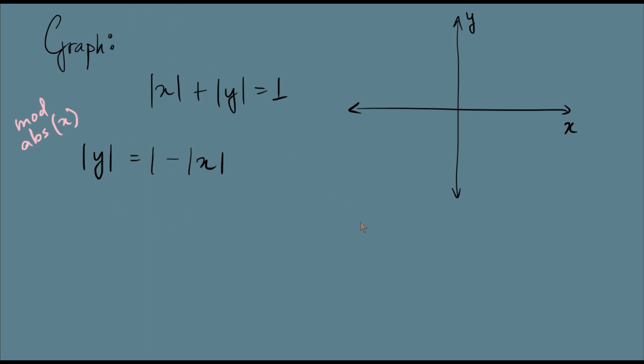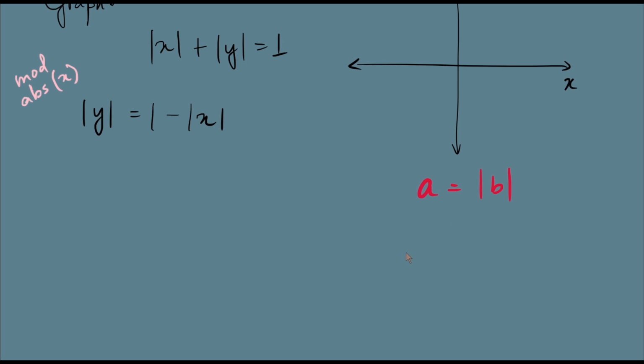Now, what does it mean for some number, say a, to be equal to the modulus of another number, the absolute value of the other number? Well, it means that a is equal to either negative b or positive b, but we can still narrow down these cases depending on the value of b.